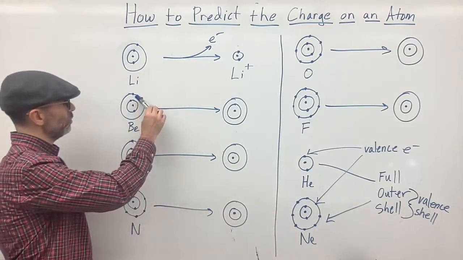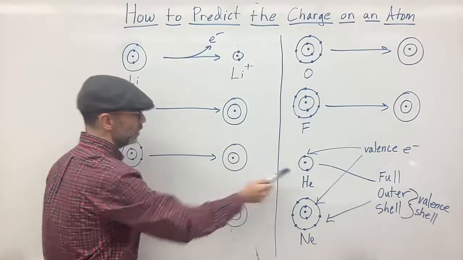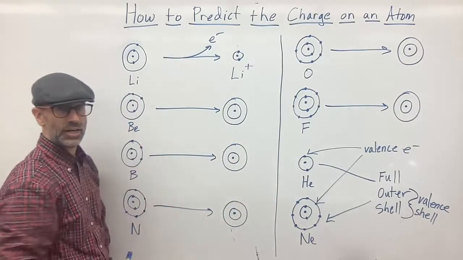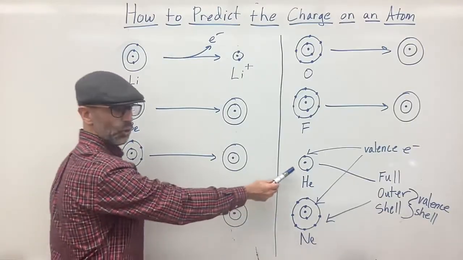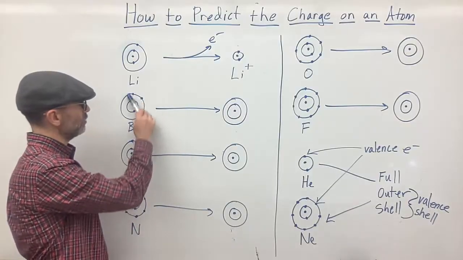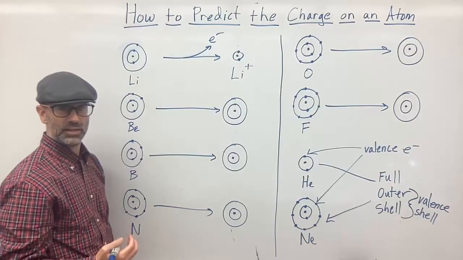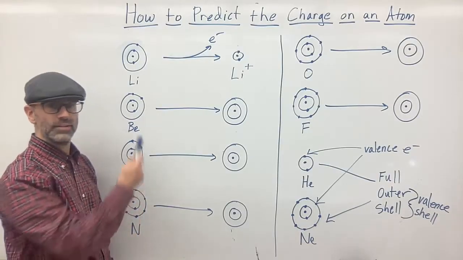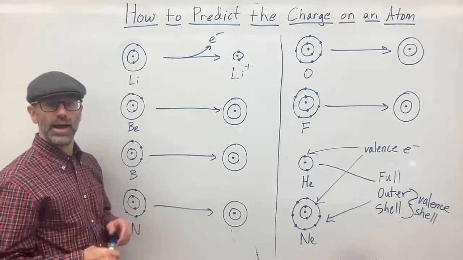It could either lose these 2 electrons to be like helium, or it could gain 6 electrons to be like neon. If you look on the periodic table, you'll notice that helium is closer, and it also makes sense that losing 2 electrons is easier than gaining 6. So it's going to lose those 2 electrons to some other atom.